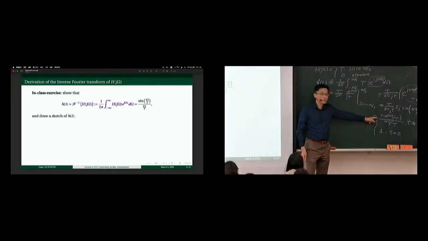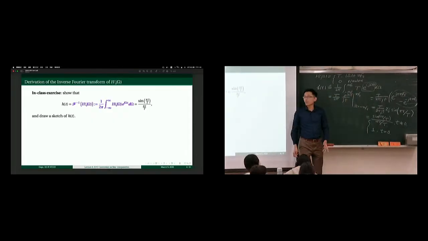This expression cannot be evaluated at time 0. So we need to fix this, by L'Hopital's rule. You can convince yourself that when t is 0, the impulse response is going to be 1.